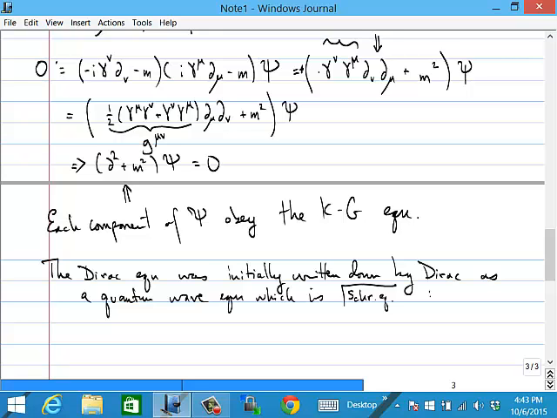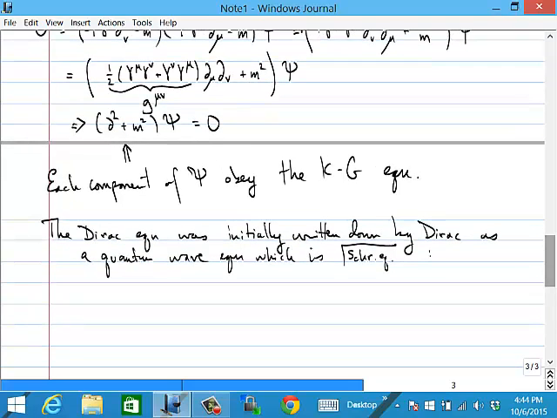So we've seen here that if you take the Dirac equation and you square it, you'll get the Klein-Gordon equation. Remember, the initial way that we derived the Klein-Gordon equation is that we guessed it as the generalization of the Schrodinger equation for a quantum wave function to a particle to a theory of special relativity.